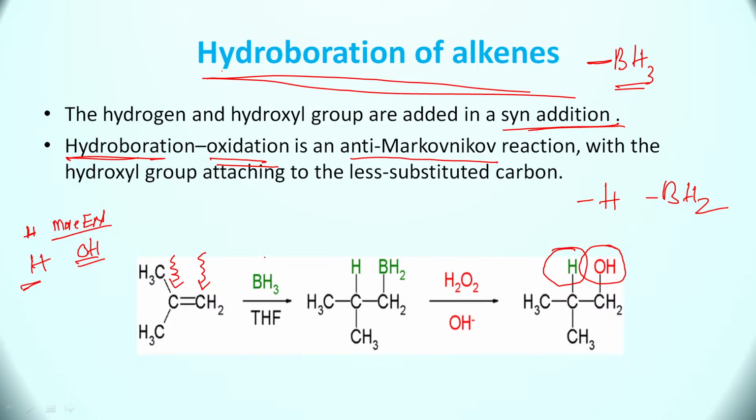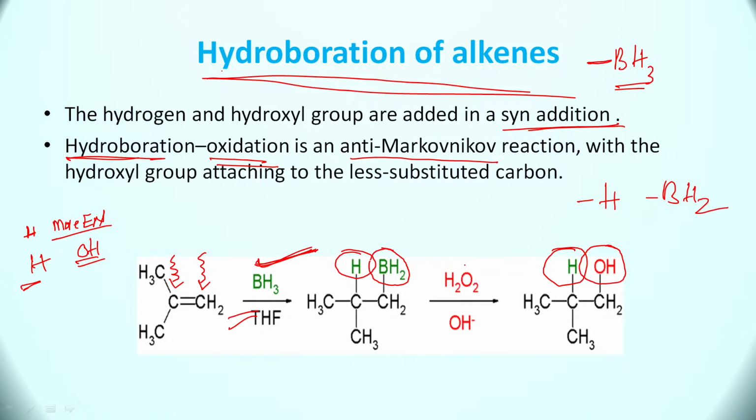First there is an addition of BH3. It's a syn addition. There is addition of hydrogen at the more substituted carbon, BH2 at the less substituted carbon. Generally we take tetrahydrofuran as a solvent. Generally we take ethers as a solvent in the case of hydroboration reaction.